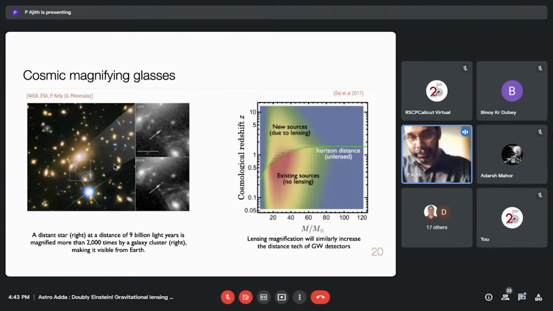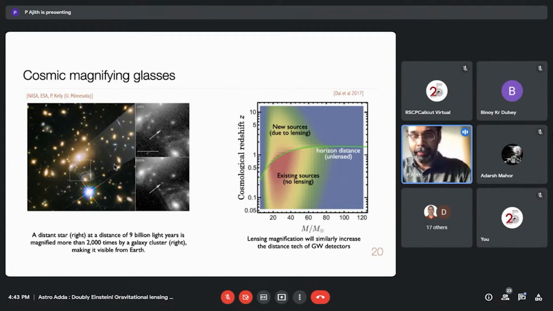It is unimaginable to detect a star at this kind of distance in the history of astronomy, but purely because of this accidental lens that came between us and the star, this very distant star was observable. And lensing has allowed us to observe some very, very distant galaxies, in fact the very first galaxies in the universe.